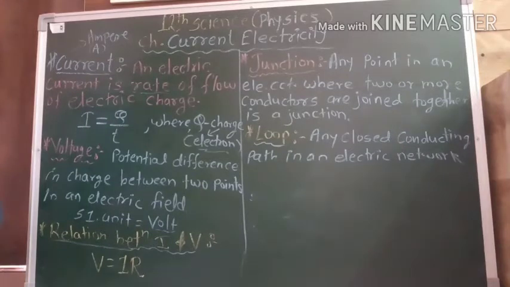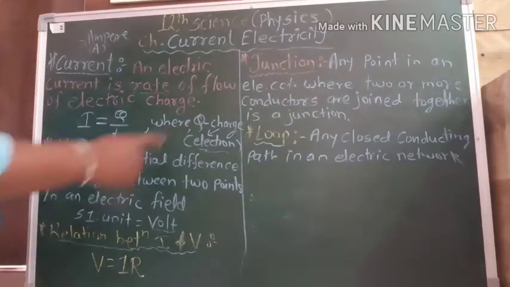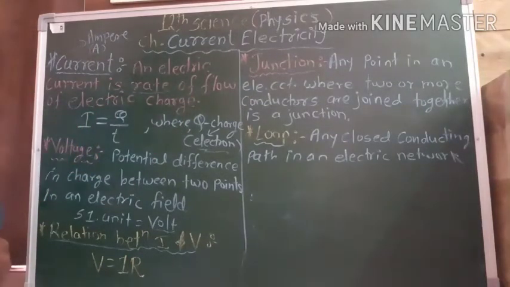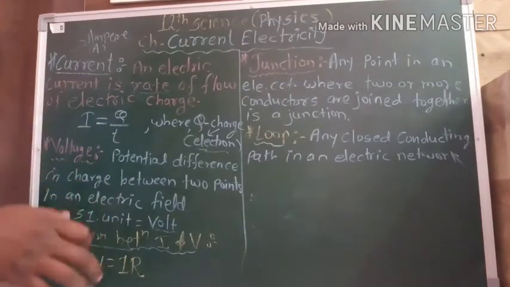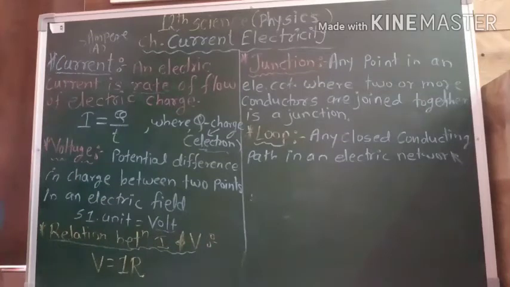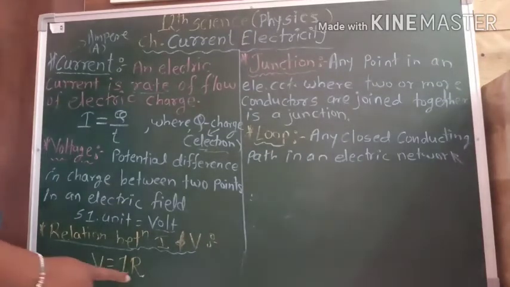We know that conductors are mainly of 3 types: the good conductor, insulator, and semiconductor. The flow of charges in the conductor gets opposed, and that is the resistance. The SI unit of resistance is ohm, and resistance is denoted by capital R.